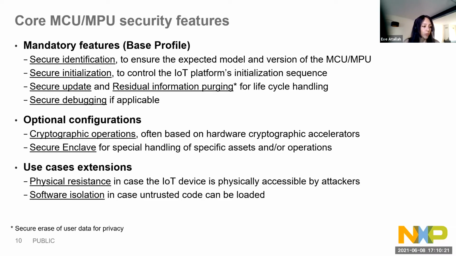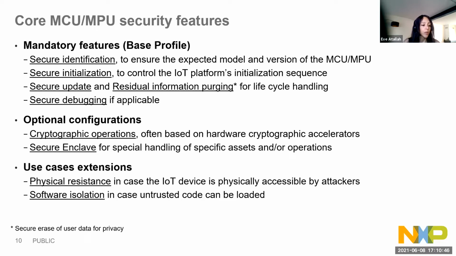Or for factory reset before reconditioning or for resale. Secure debugging is also a very sensitive feature that needs to be claimed and evaluated in case it is a service provided by the MCU. So all those features are the mandatory features that have been identified as common to the IoT requirements.